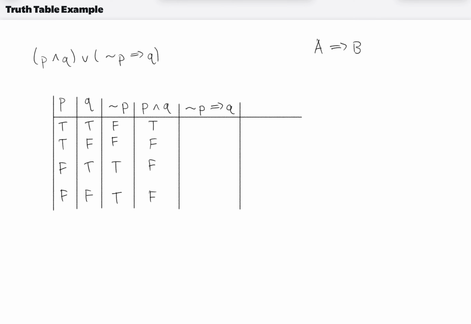So when you have a false implication, you have a false truth value. Basically, if you see a true and then a false, that leads to a false. Elsewhere, it's true.